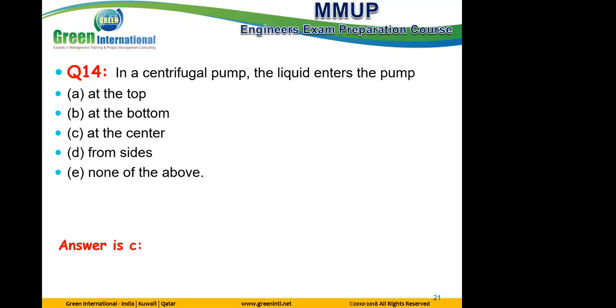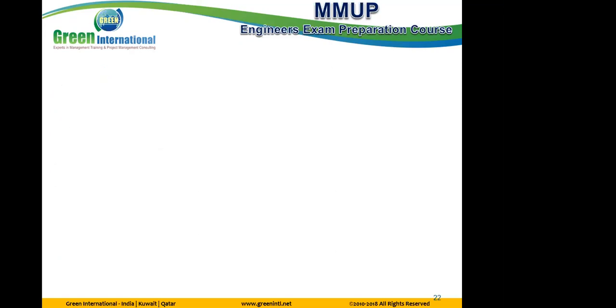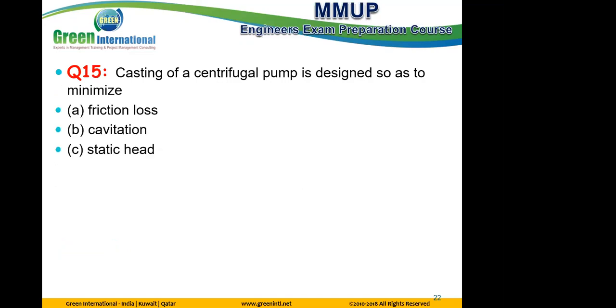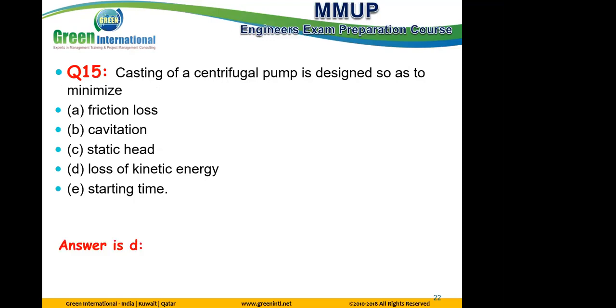C, at the center. Yeah, excellent. This is casing, not casting. Cavitation, correct. The casing of a centrifugal pump is designed so as to minimize losses; it converts mechanical to kinetic energy.